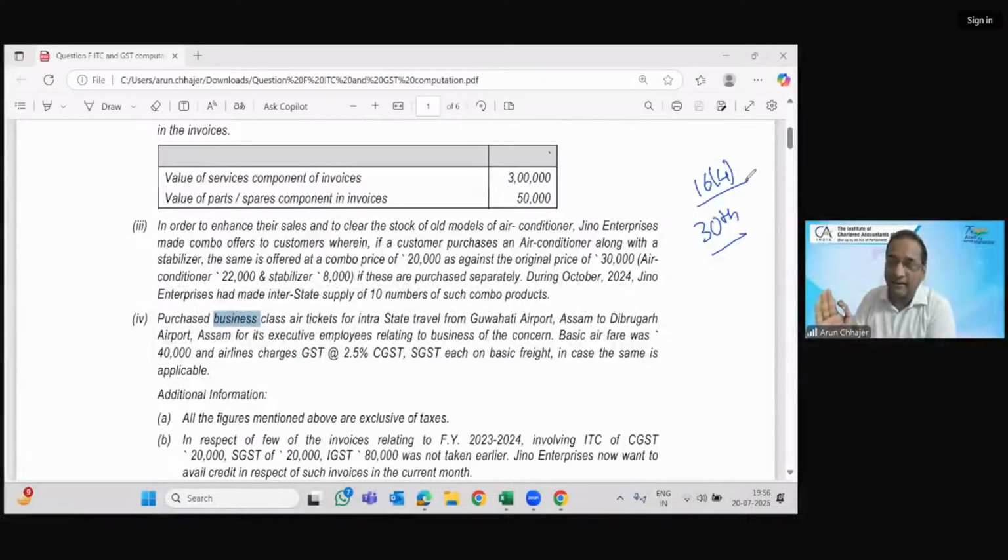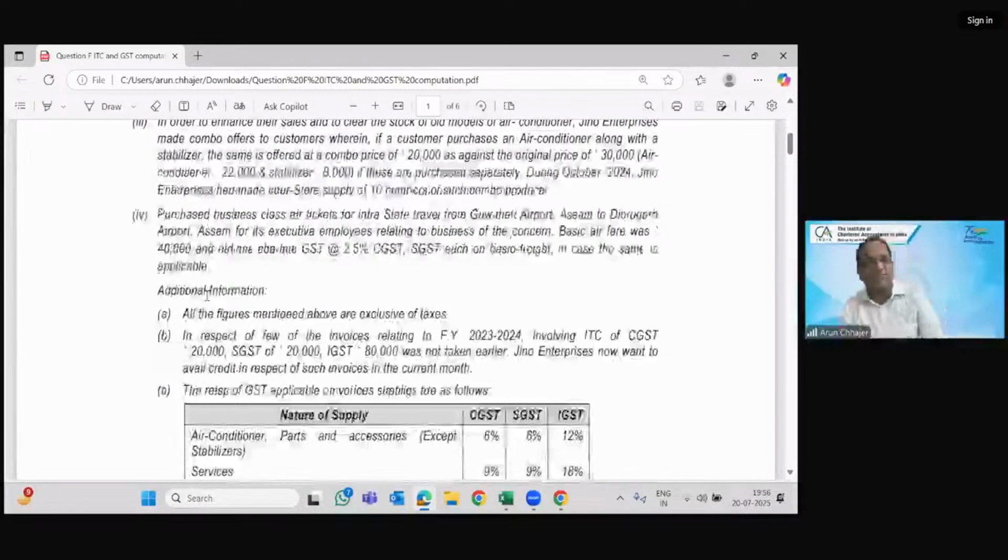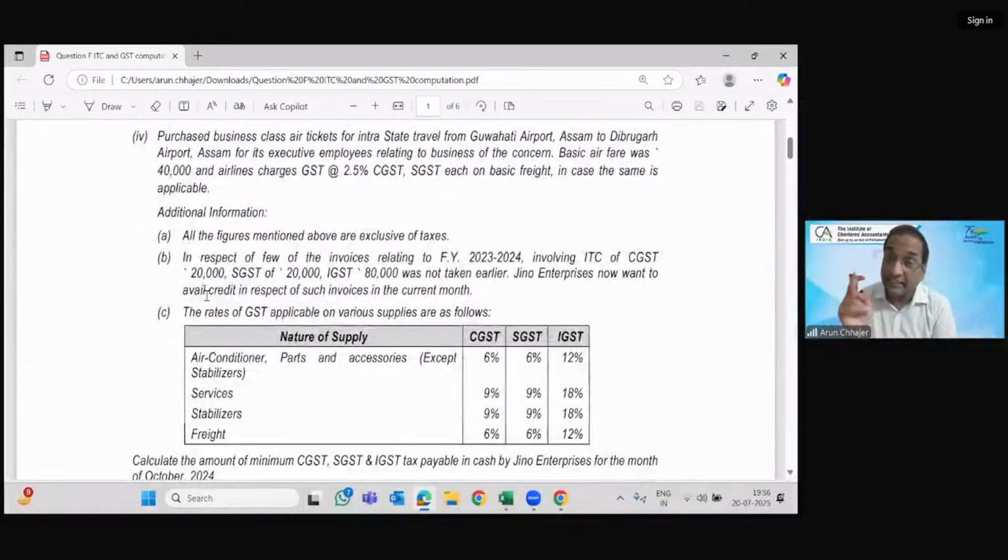Therefore, we are taking the ITC for the GST return which is filed for the month of October, and that return has to be filed on or before 30th November. It is also not written, so you can add in the assumption.